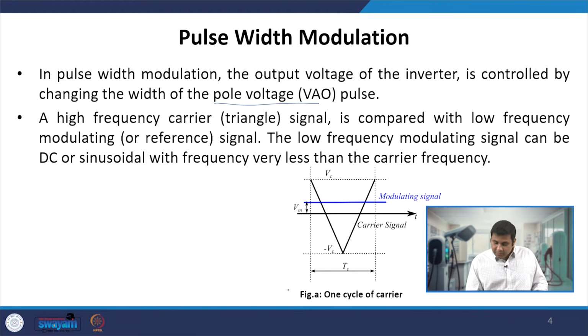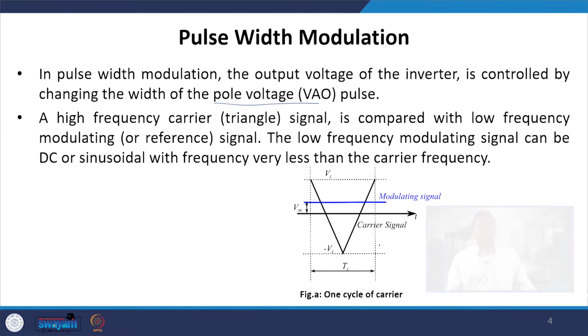That means the time period during which the modulating signal changes is very much larger than Tc. So, in one Tc, or one carrier cycle, the modulating signal is kind of a constant.